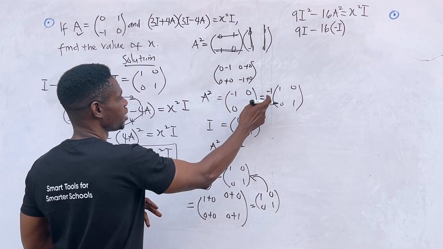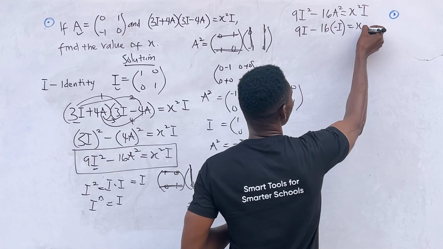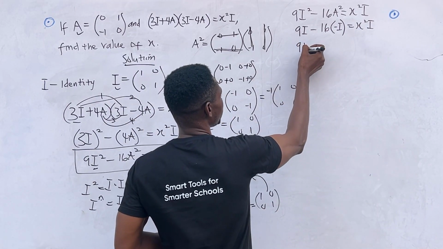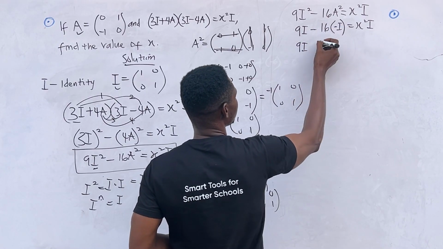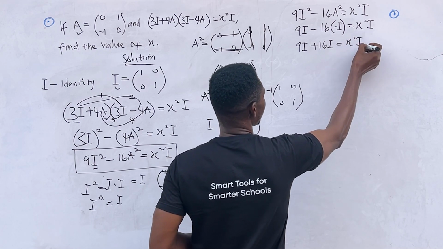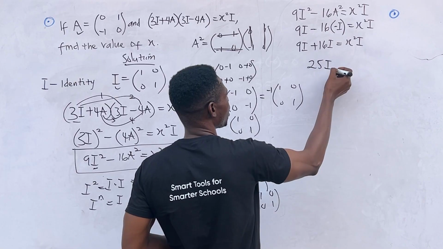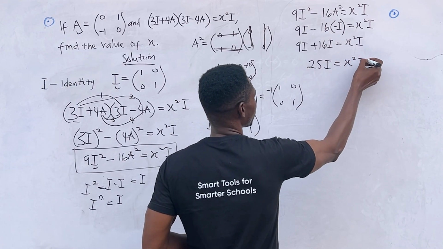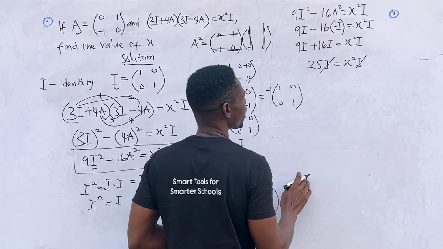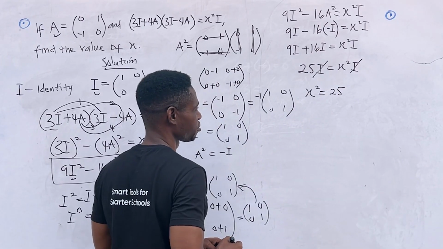So this is a negative I, equal to x squared I. So we'll have 9I plus 16I equal to x squared I. So 9 plus 16, that's 25I equal to x squared I. So our I can cancel out our I. So we have x squared equal to 25.